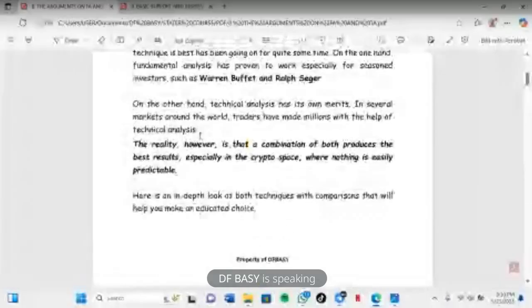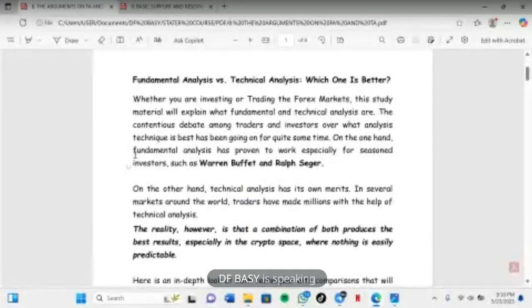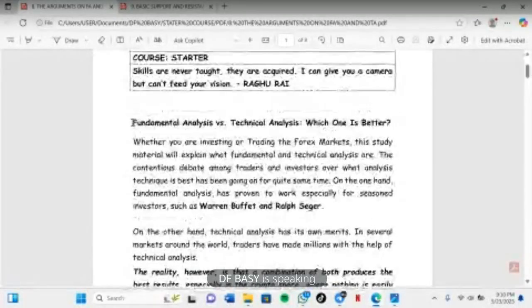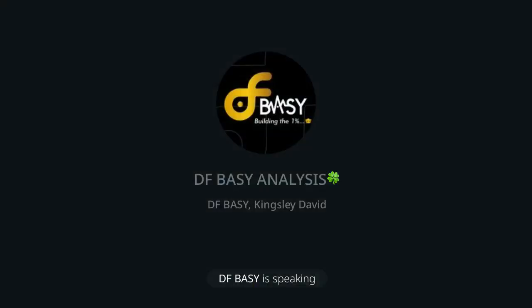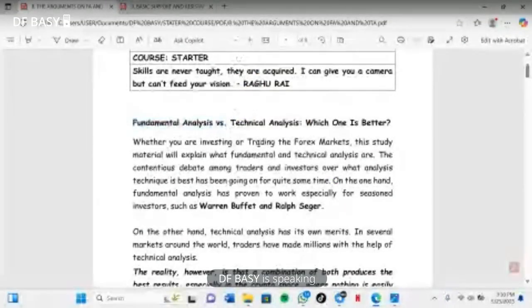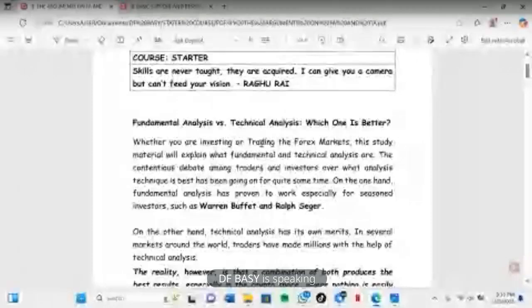Remember, I told you what FA is. FA is simply fundamental analysis, while TA is technical analysis. I explained TA is doing the analysis on the chart, while fundamental analysis is doing analysis based on the economic events happening in the country of which the currency is in use.